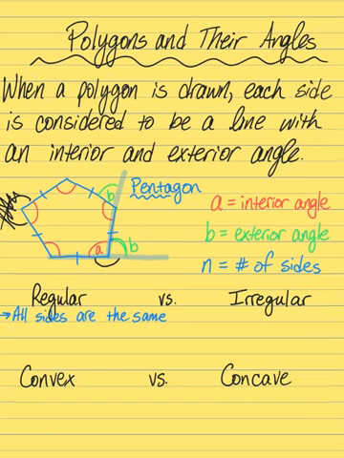All sides are the same length. You could also have a square, right, that all sides are the same length, a triangle where all sides are the same length. So whenever we're talking about a regular polygon, we are saying that all sides are the same. When we have an irregular polygon, it means the opposite. This means different sides.